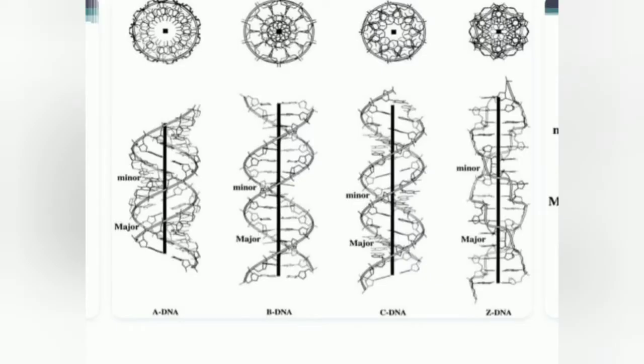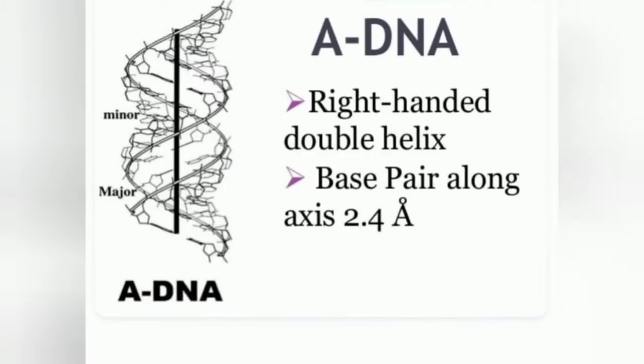Basically, there are four types of DNA: A-DNA, B-DNA, C-DNA, and Z-DNA. First of all, we will learn about A-DNA. So let's take this picture. A-DNA is a right-handed double helix and its base pair along the axis is 2.4 Angstrom.